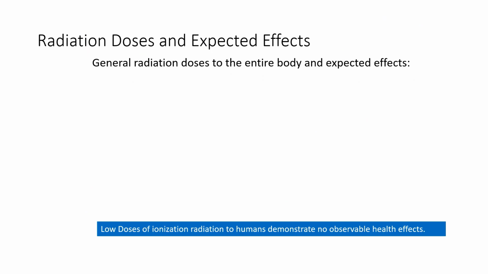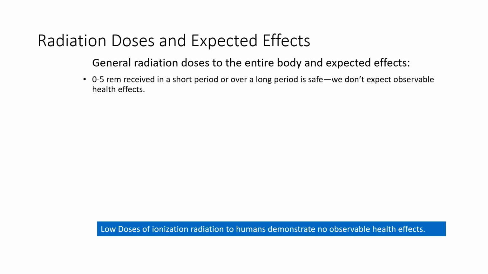Let's take a look at radiation dose and the expected effects. General radiation doses to the entire body and the expected effects are as follows. 0 to 5 REMs received in a short period of time or over a longer period of time, such as a year, cumulative dose, we don't expect observable health effects.